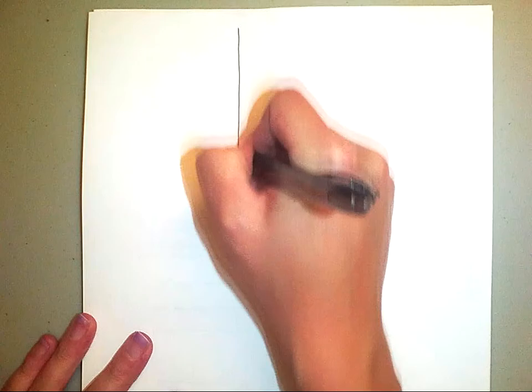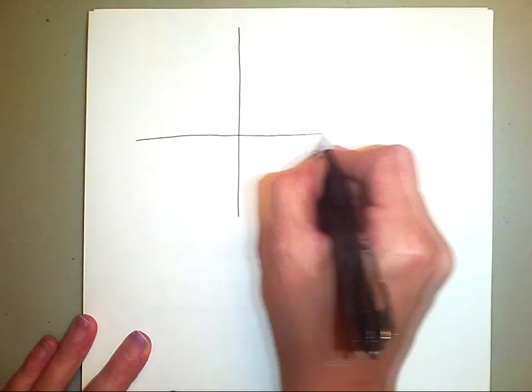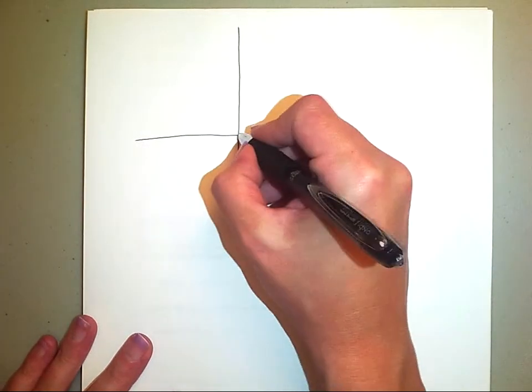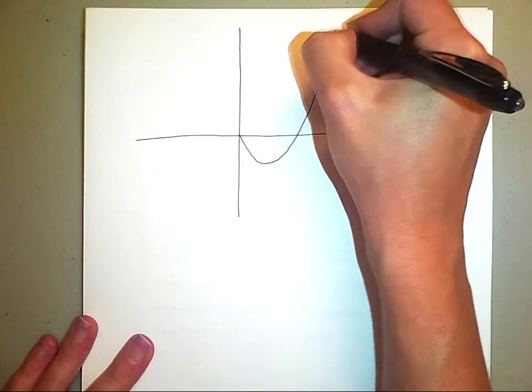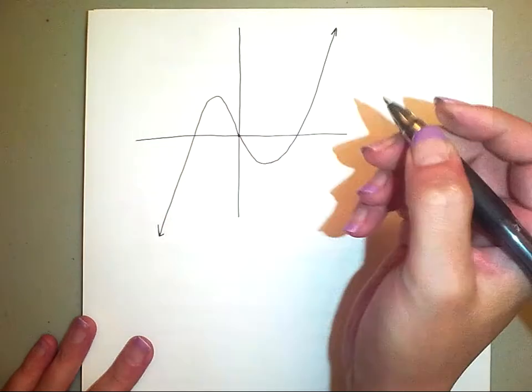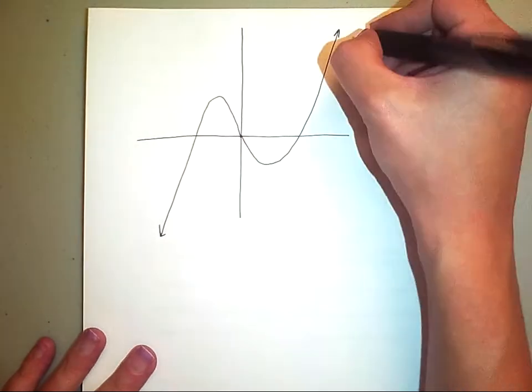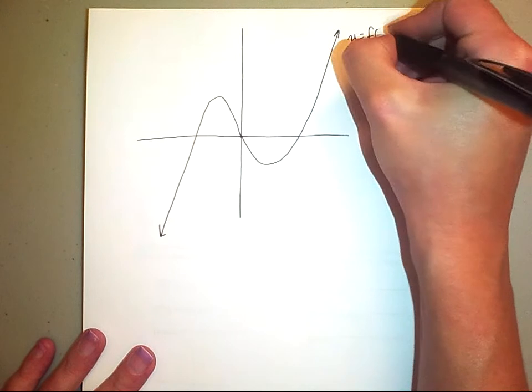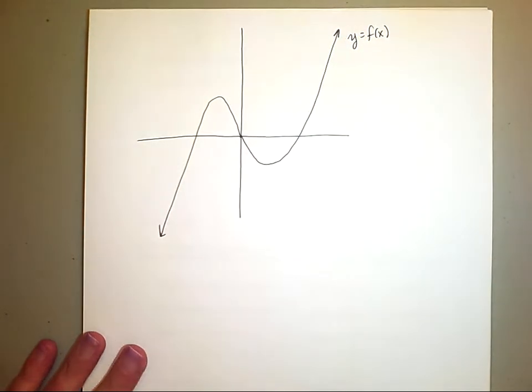Because we have other types of symmetry, let's look at this function. Let's say it looks like so, and like so. So this is some y which is equal to a function.